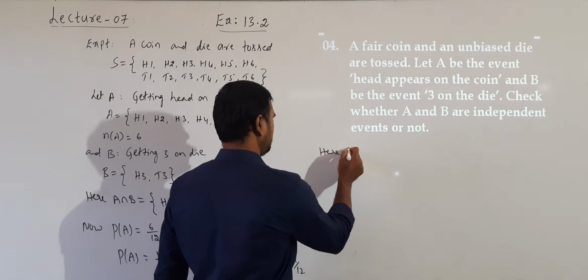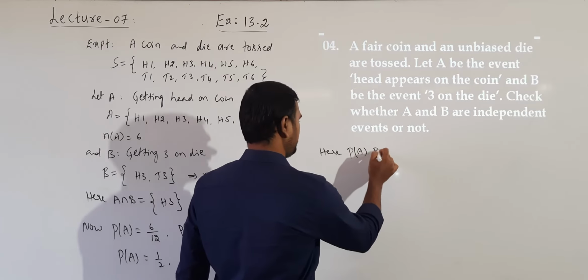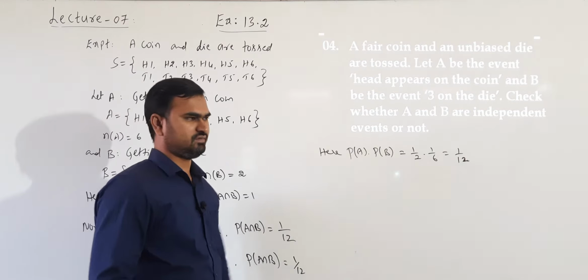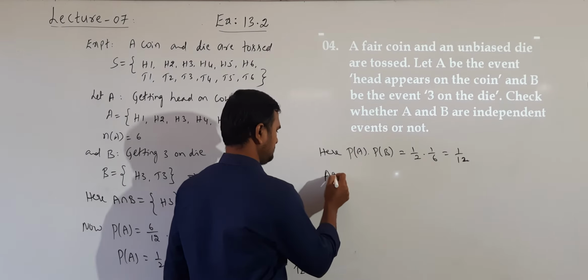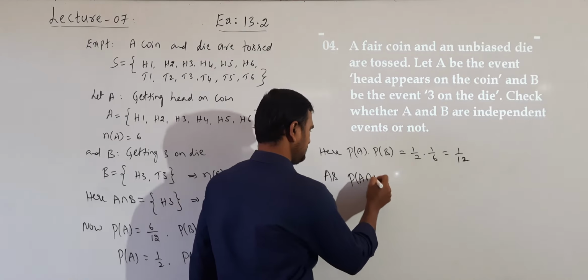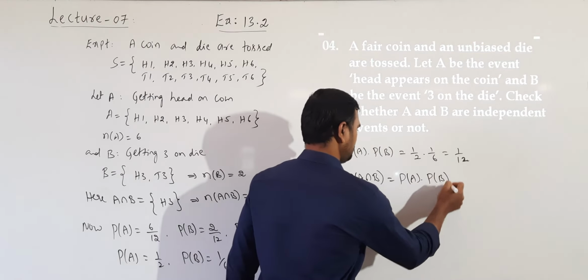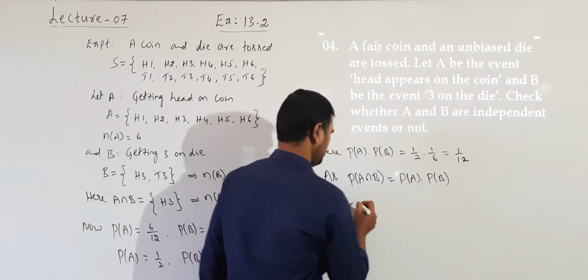So what is the probability of A into probability of B? 1 by 2 into 1 by 6, which is 1 by 12. And already we have P of A intersection B is also 1 by 12. Both are equal, as P of A intersection B is the same as P of A into P of B. Therefore, A and B are independent events.